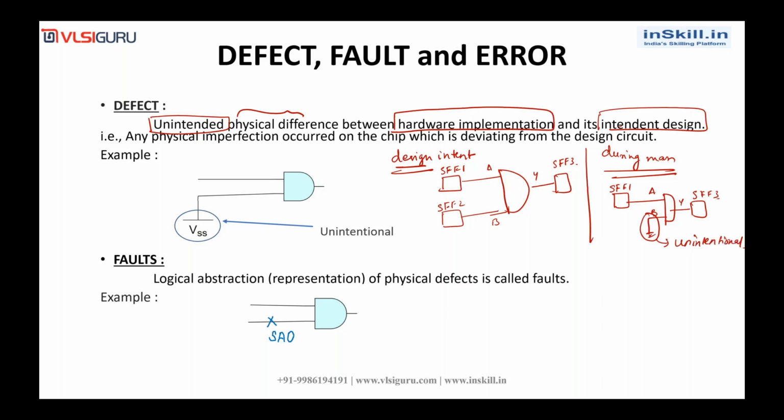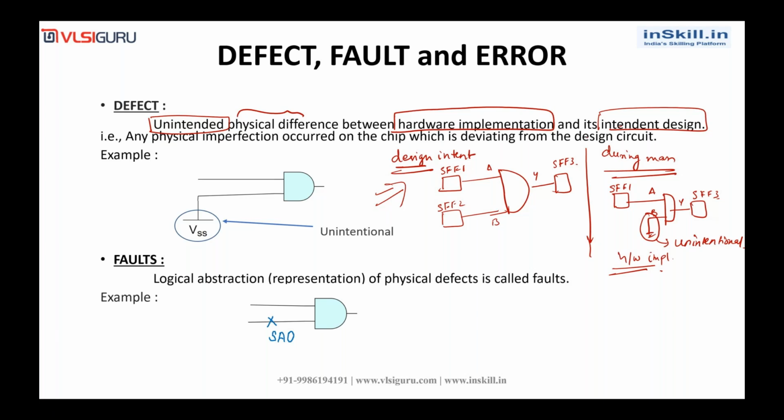So that is what is called an unintended physical difference between hardware implementation and its intended design. This is nothing but the hardware implementation. That is what is called a defect. According to the design intent, this is my intended design.